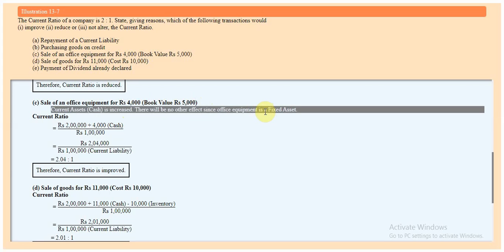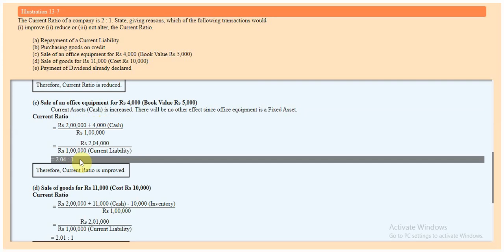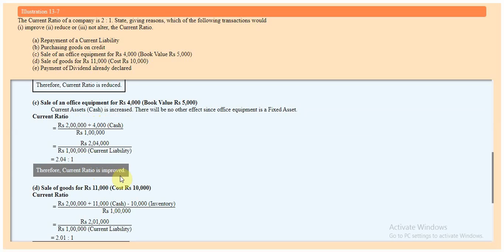See, for the current ratio we only take into account current assets and current liabilities. So office equipment being a fixed asset will not have any other impact than just cash being increased from the sale. So current assets get increased by 4,000 rupees and current liability remains the same. The ratio becomes 2.04:1. So the ratio has improved.